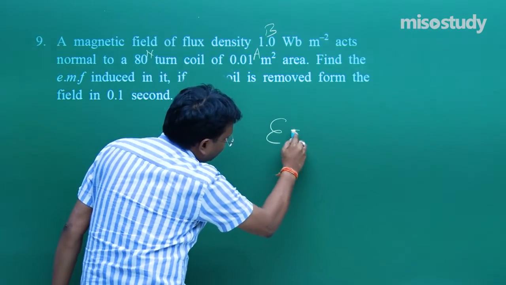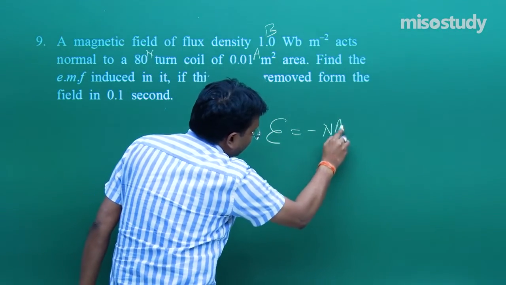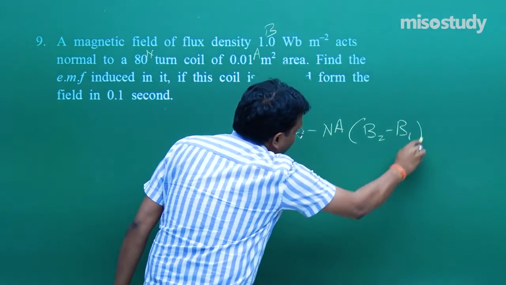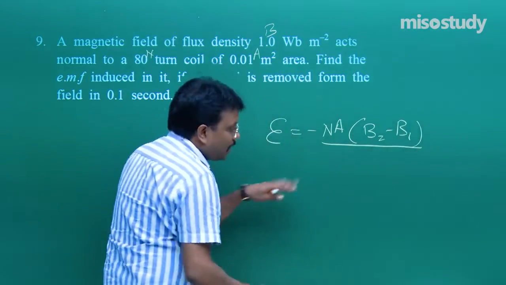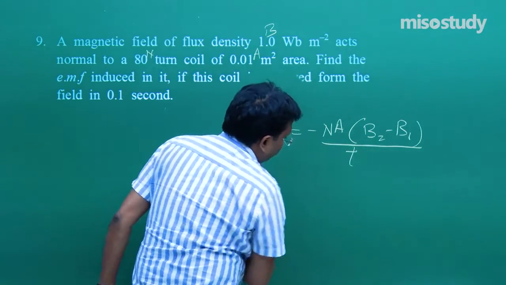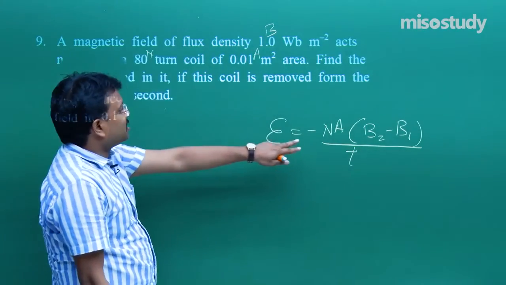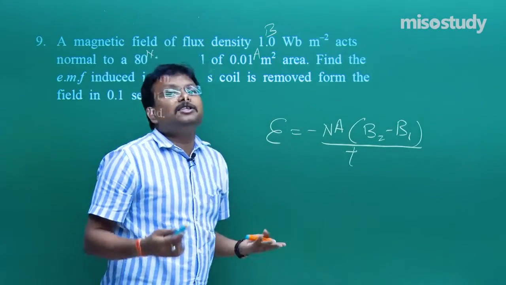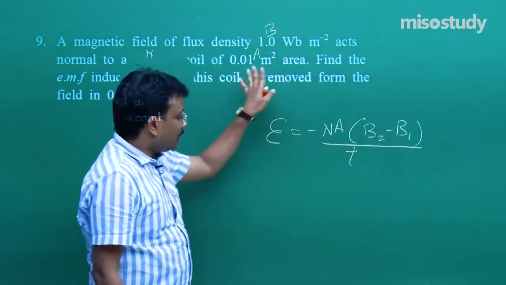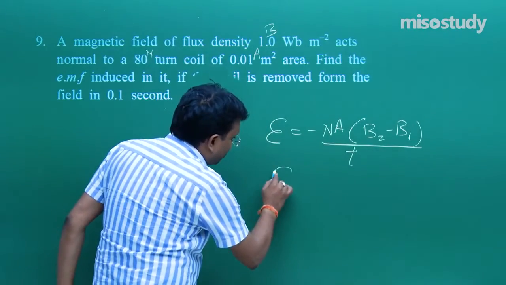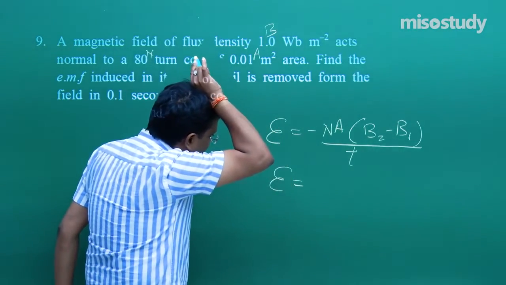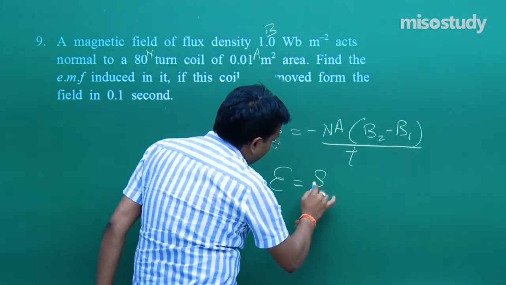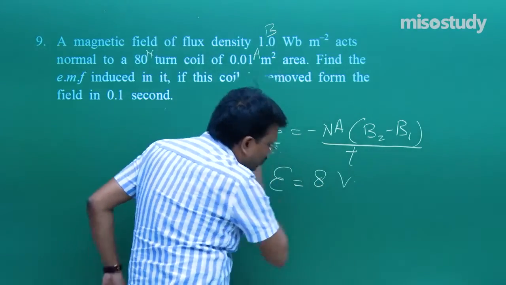I will write down the direct formula, N A (B2 minus B1), actually it is delta B upon time. Now, N is directly mentioned, A is directly mentioned. What about B2? Finally 0. B1 is given, so put the values over here. I hope you will get the answer as I solved it with these numbers, 8 volt.